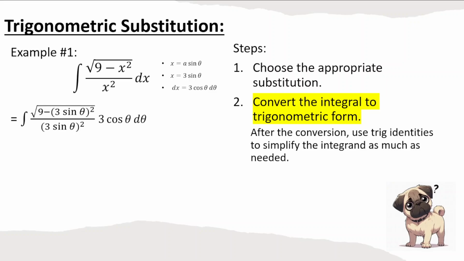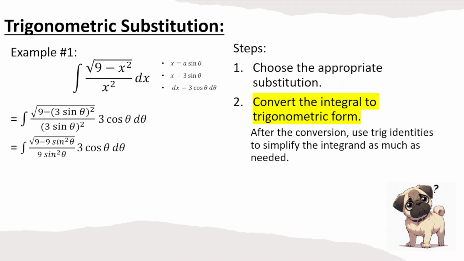Dx becomes 3 times the cosine of theta d theta. So we've done all of the substitution, and we have this integral in trigonometric form. Now, once we do the conversion, we're going to use trig identities and simplification to rewrite this integral in the simplest form possible.